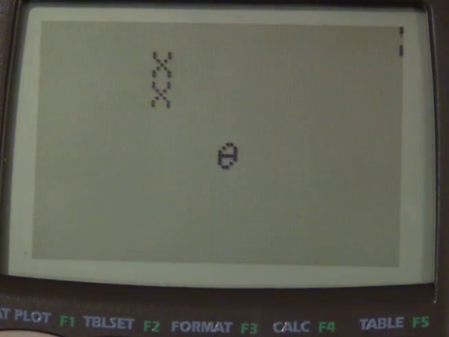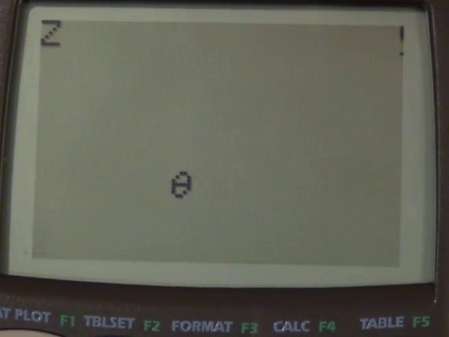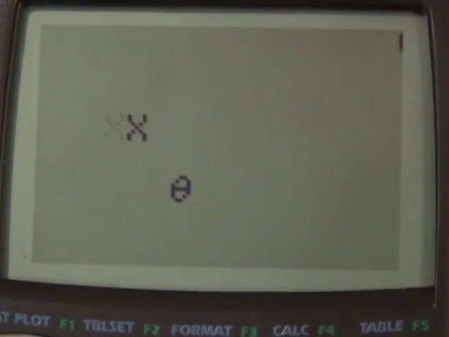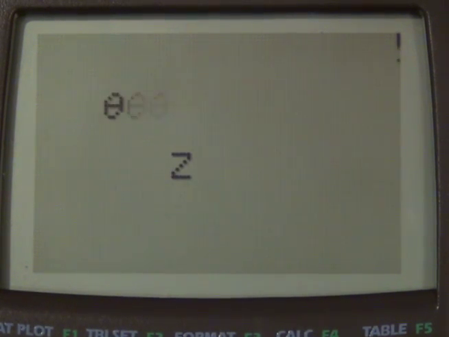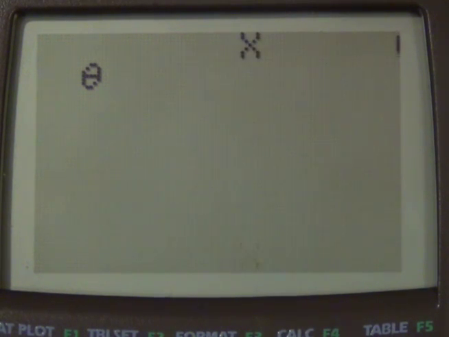Now he's running away because he switched. And now he's still running away, but then he'll chase us. So what I want him to do is always run away. So here he is, he's chasing us still, and now he's running away.